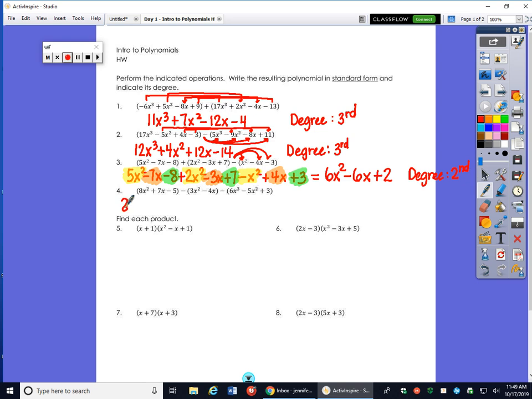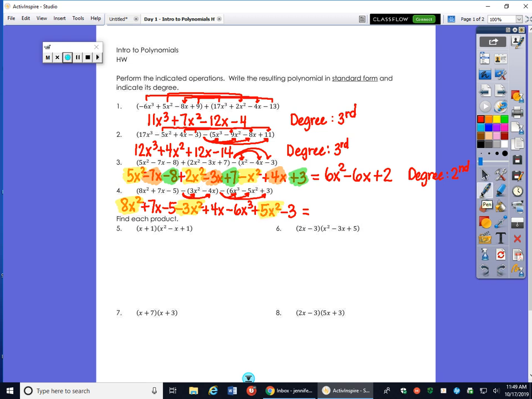For the next one, we're going to distribute those minus signs. So we have negative 3x squared, and we have positive 4x, and then negative 6x to the third, positive 5x squared, and negative 3. So then we're going to combine our like terms. We have 8x squared, we have minus 3x squared, and 5x squared.